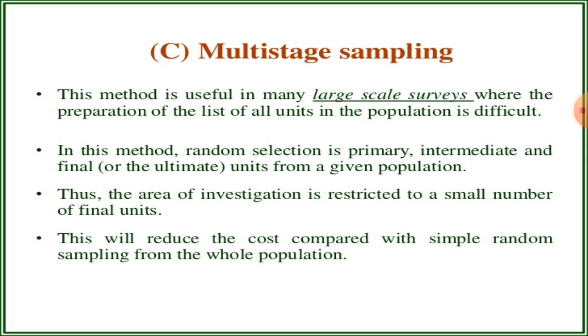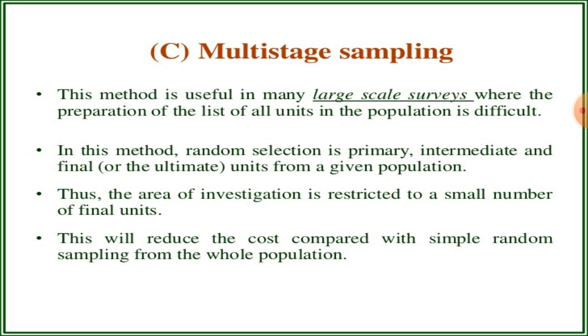The third main type of sampling method is multistage sampling. Multistage sampling is useful in many large scale surveys where the preparation of a list of all units in the population is difficult.